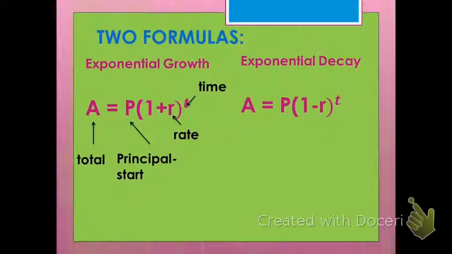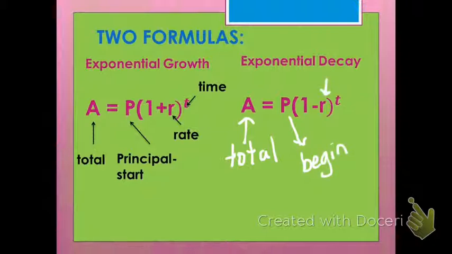On both equations, you use the same things, except one is a plus, one is a minus. You still use A to mean the total. P would be your beginning amount or your principal.